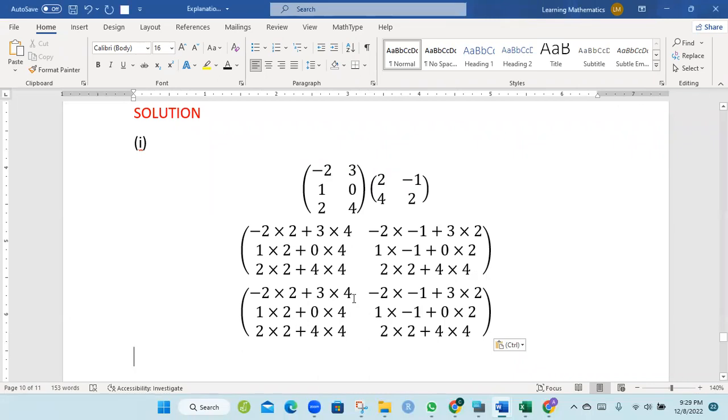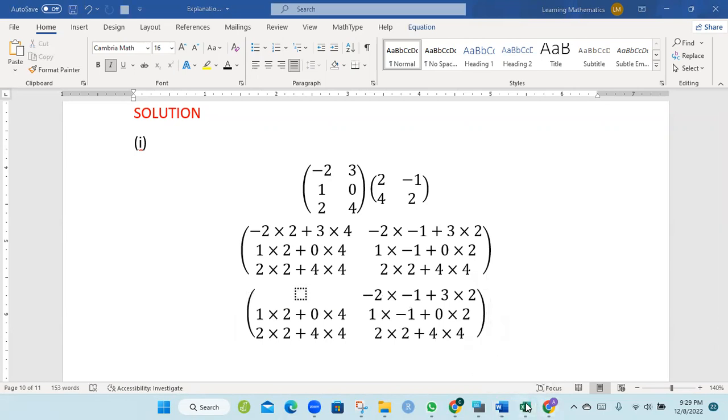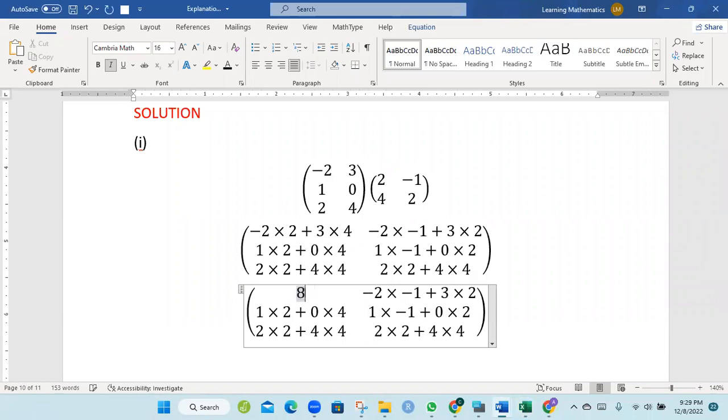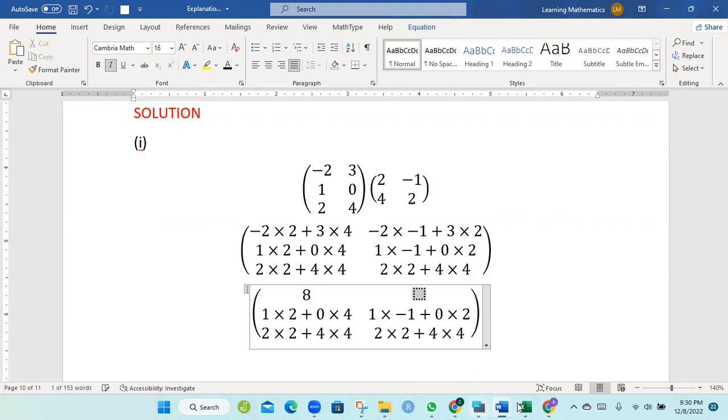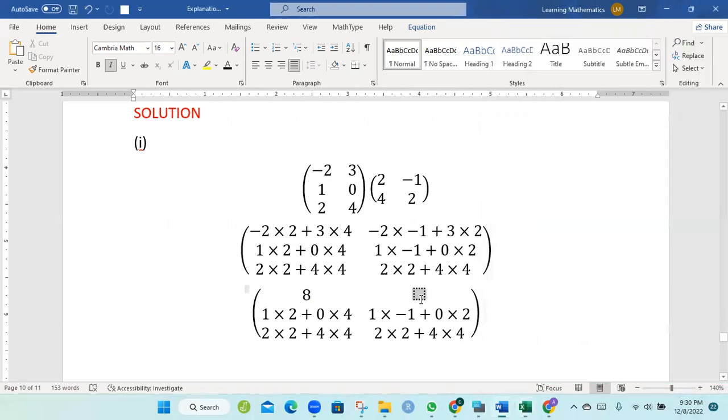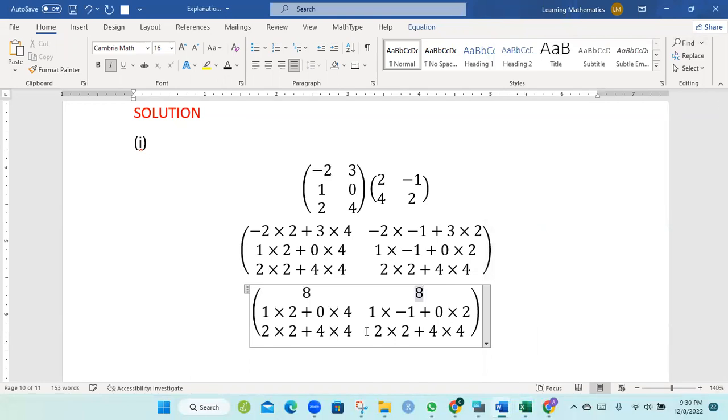And now we're going to put this in our calculator. We're going to use Excel as our calculator. So the first element is 8. And then we have -2 times -1 plus 3 times 2, we get that also.